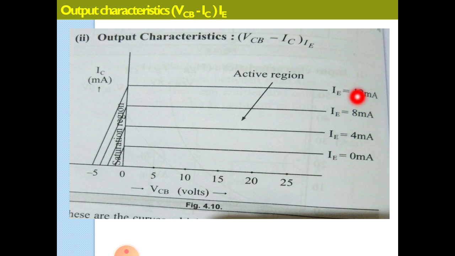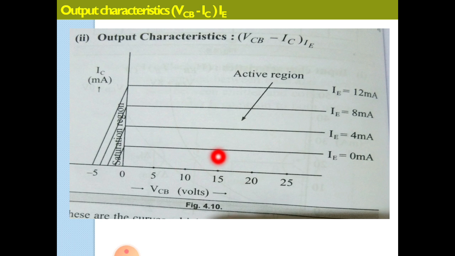These are the constant values of the input current. When this input current is kept constant, the variation between the output current and the output voltage is measured, and the graph is plotted against the output current and the output voltage. This graph is called the output characteristics curve.